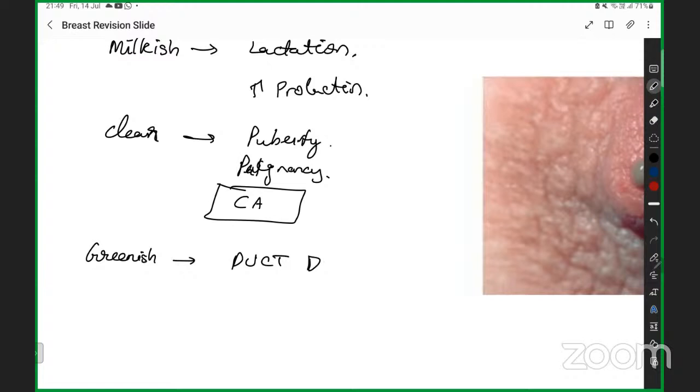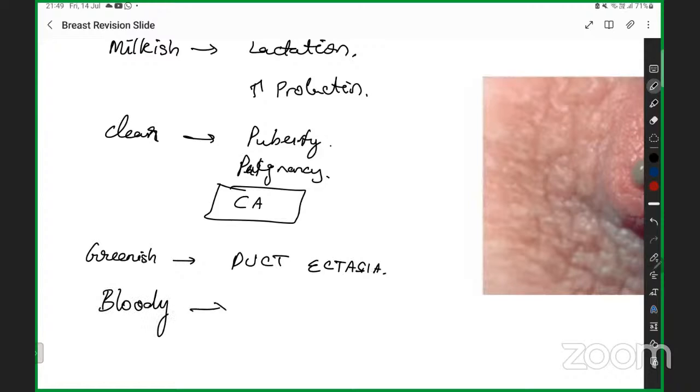When we see a greenish discharge, we usually think of the famous bacteria causing green discharge in other conditions, Pseudomonas. Never think of Pseudomonas here. Here the reason is ductectasia. Clear? There will be multiple ducts in this condition.